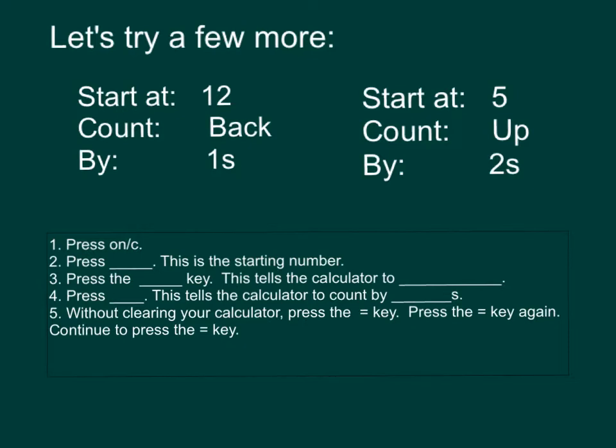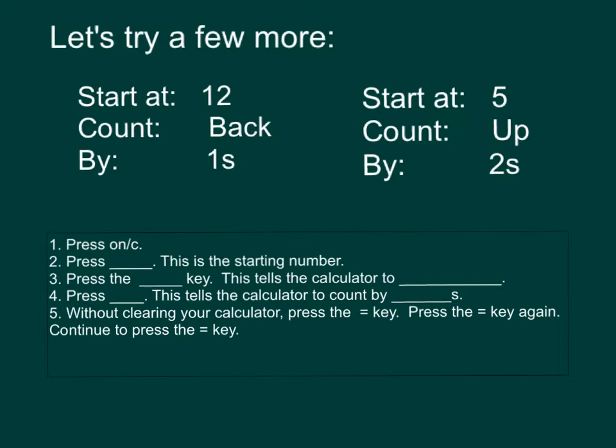Step 3, press the minus key. This tells the calculator to subtract. Do this now. Now we're going to press the number 1 because this is telling the calculator that we're going to count back by ones.